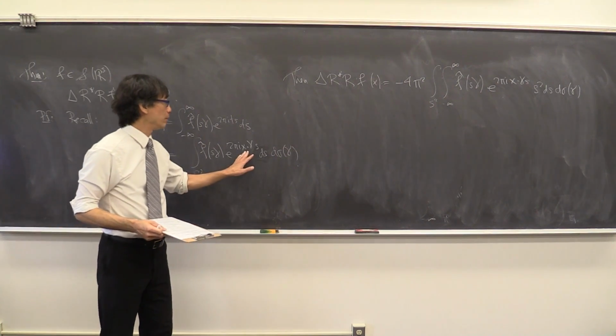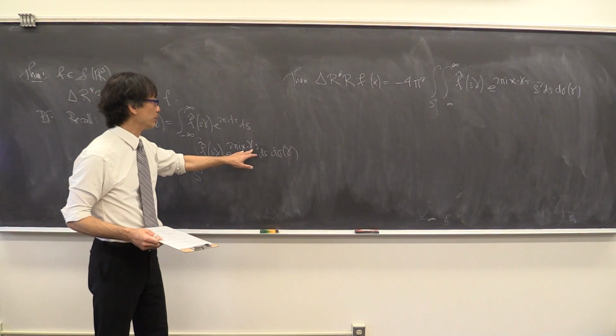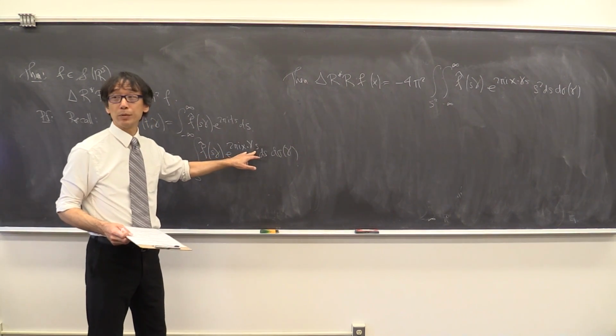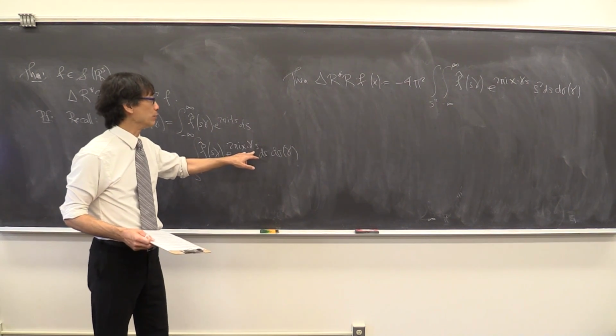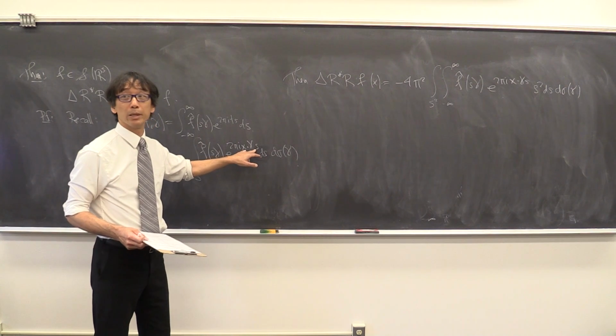When we differentiate, we're going to pull off gamma 1 squared s squared, and then the sum of those will be just the norm of gamma, which is 1, times s squared.